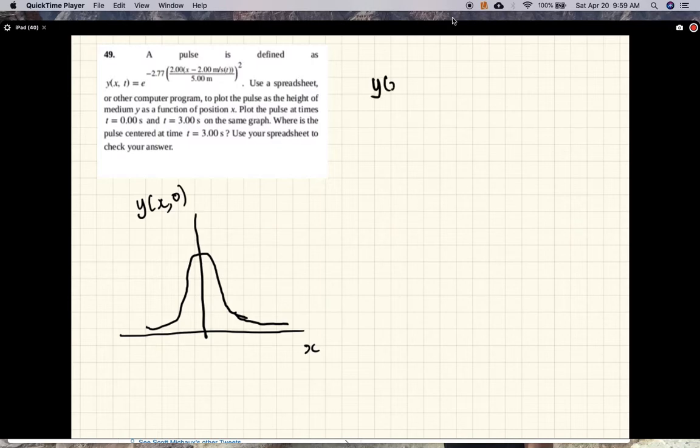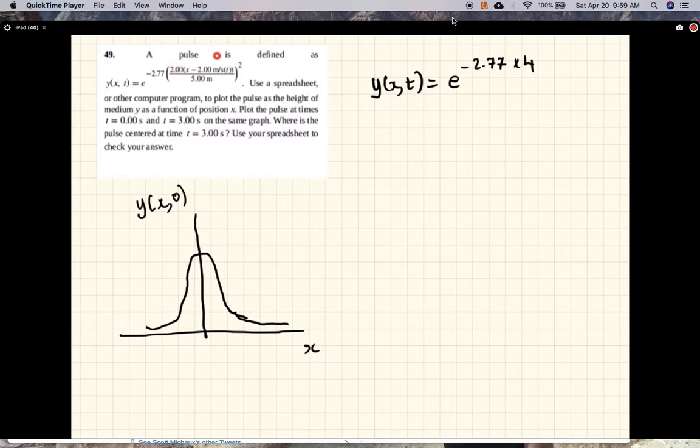And so y(x,t) is e to the power minus 2.77 times, so I'm going to write it slightly differently.